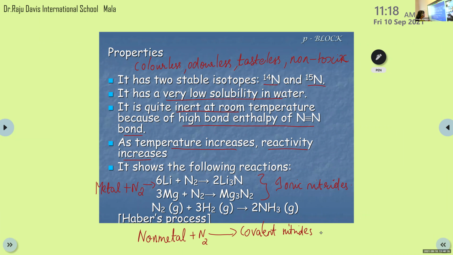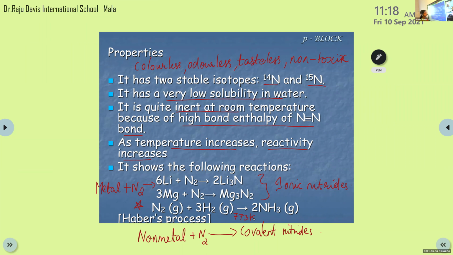Then one important chemical reaction between nitrogen and hydrogen is the formation of ammonia, known as Haber's process. The industrial preparation of ammonia is by Haber's process. Nitrogen and hydrogen molecules combine together to form ammonia. Here the temperature is maintained at 773 Kelvin.